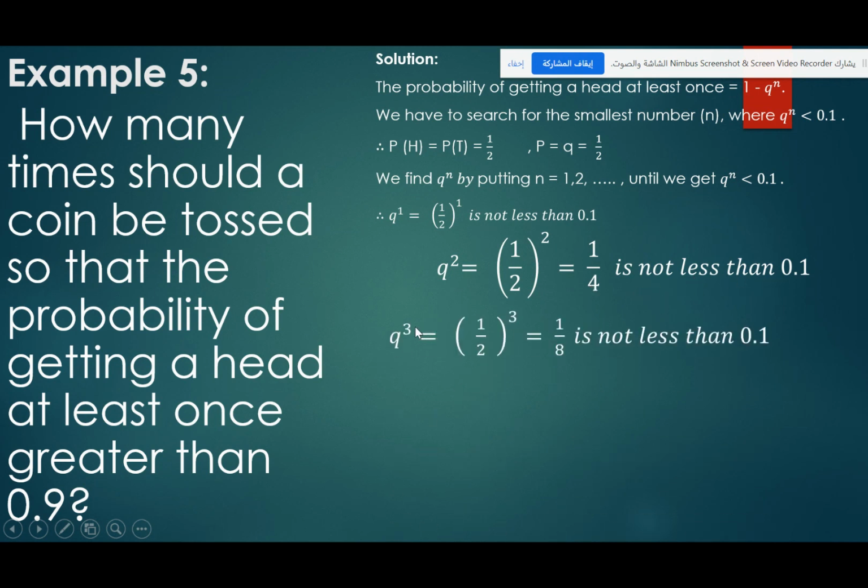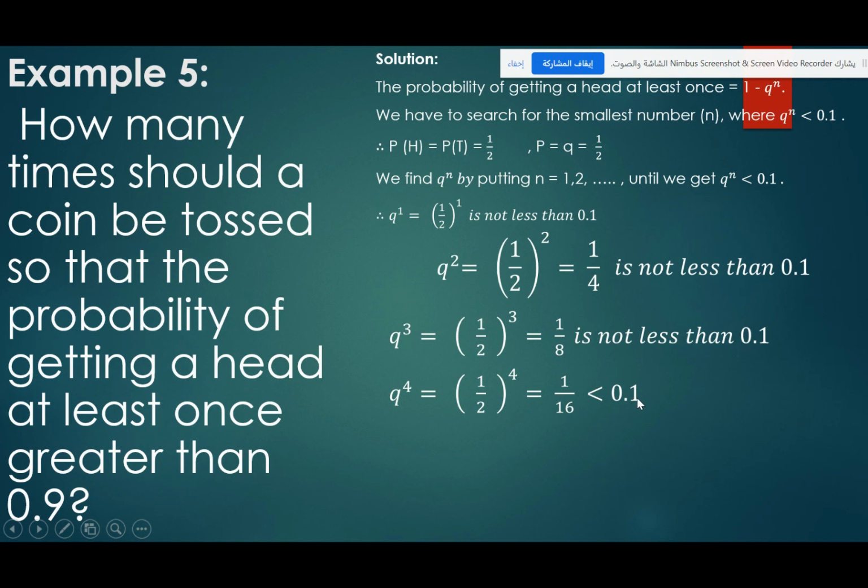When we try q to the power of 3, it is 1 over 2 to the power of 3, which is 1 over 8, which is also not less than 0.1. And if we get q to the power of 4, that will give me 1 over 2 to the power of 4, which is 1 over 16. No, this one is less than 0.1.